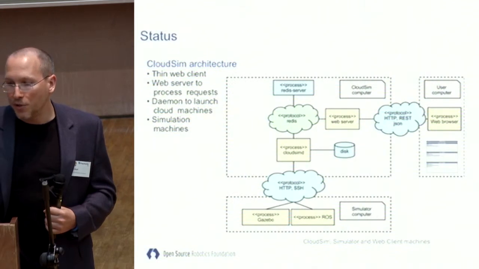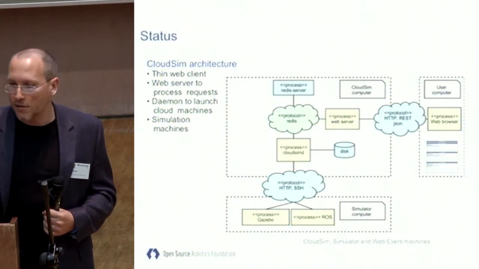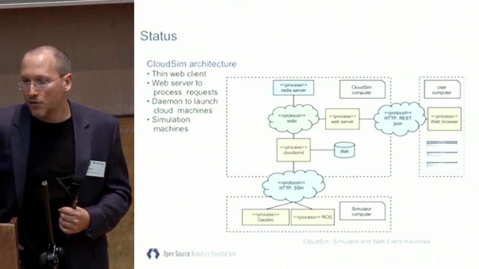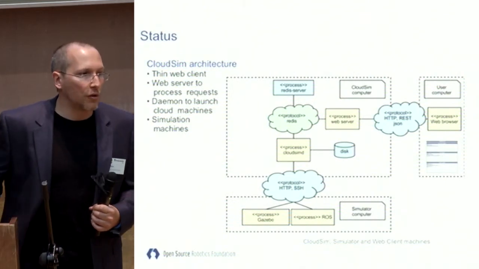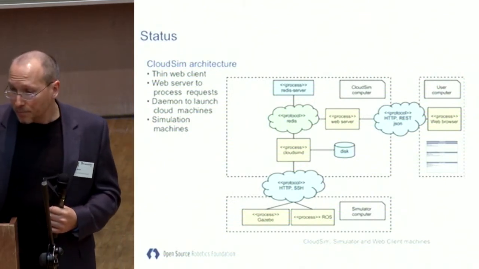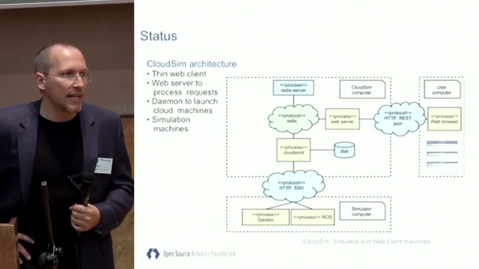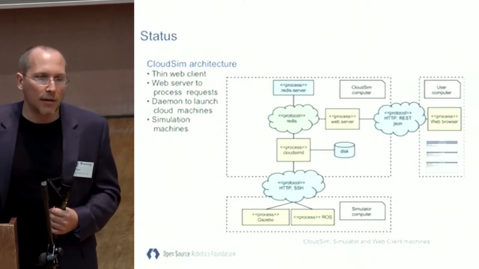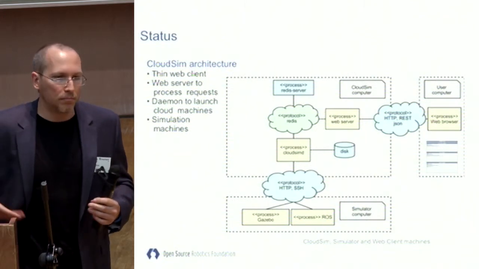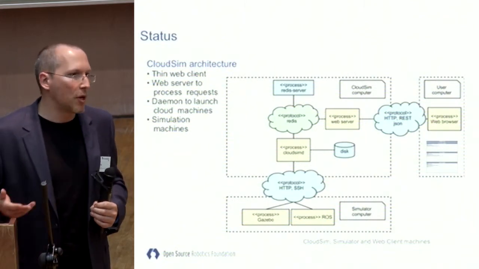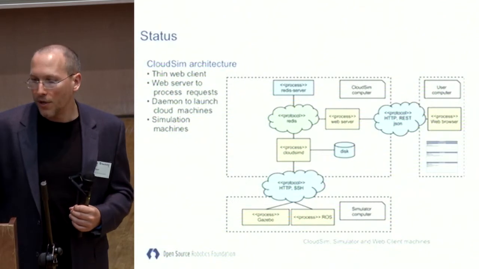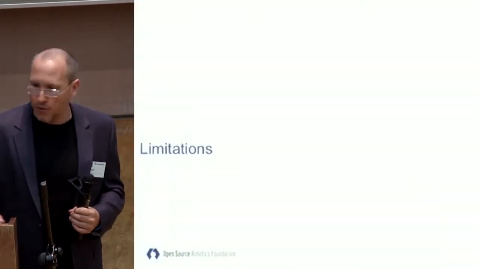The communication between the daemon and the web server process is done through Redis. Redis is also used as our backend store. The communication with the machines themselves is either through the cloud provider's proprietary interface to load them up or to control the firewalls, or it's through SSH once the machines are up and available.